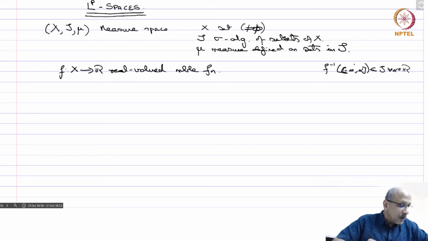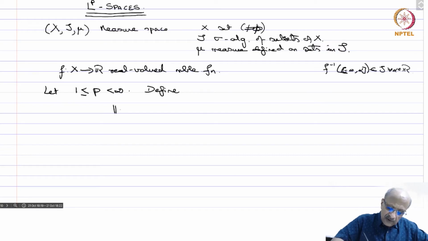Okay, so let 1 less than or equal to p less than infinity, and then define, and I am going to very suggestively put the symbol, norm f p, equal to integral over X of mod f(x) to the power p d mu, whole to the power 1 by p.